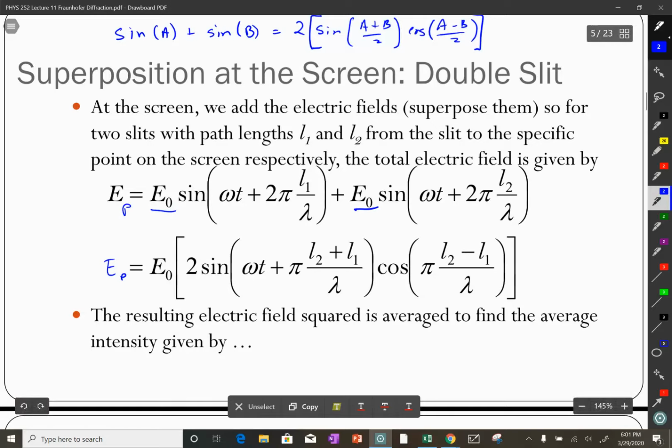Well, we have a rule that says the intensity is proportional to electric field squared. So if I square that, I'm going to have E0 squared times 4 sine squared of omega t plus pi times (L2 plus L1) over lambda, multiplied by cosine squared of pi (L2 minus L1) over lambda.